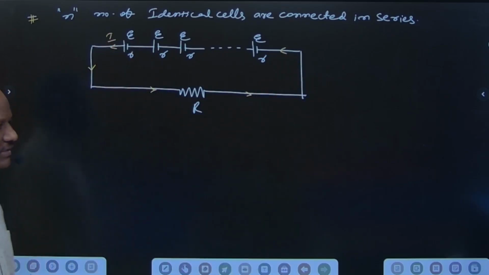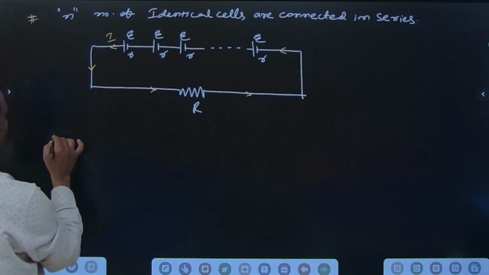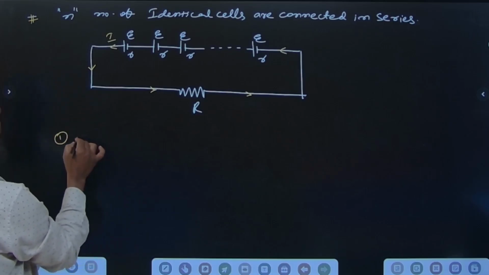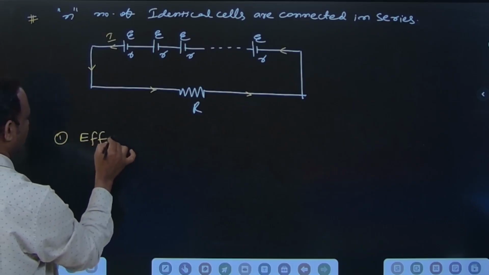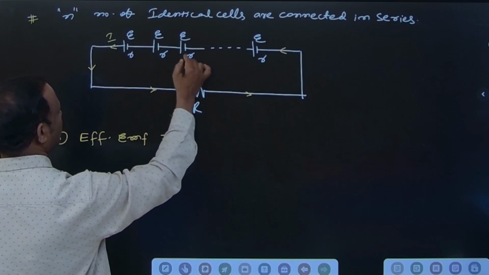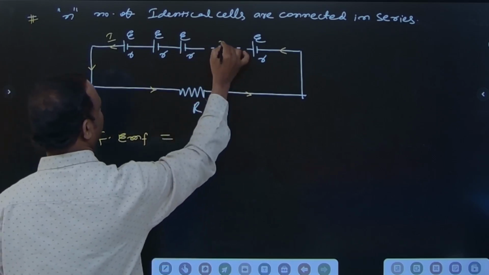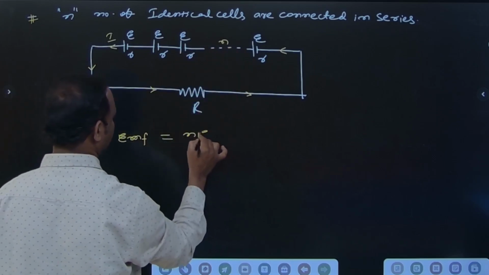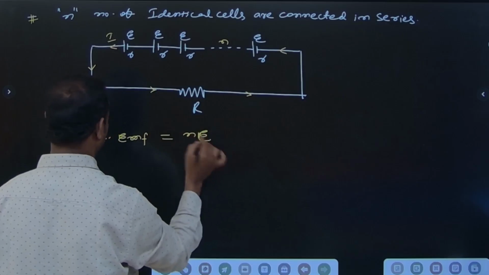Now very simple. First, what is the effective EMF? Effective EMF is equal to E plus E plus E plus E, N times, so it is NE.